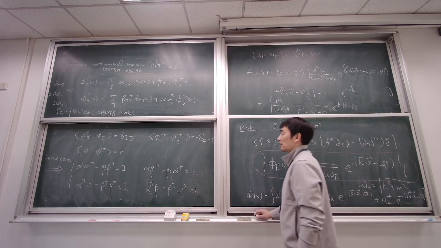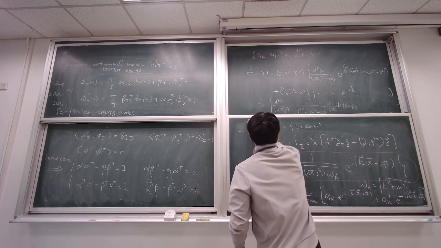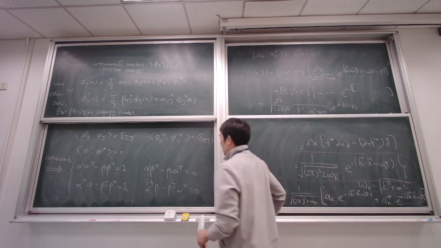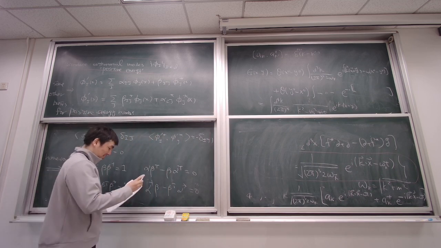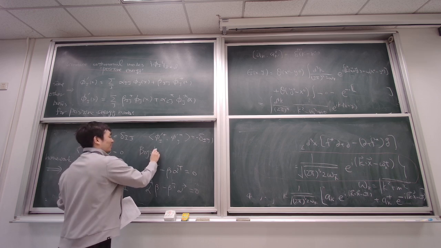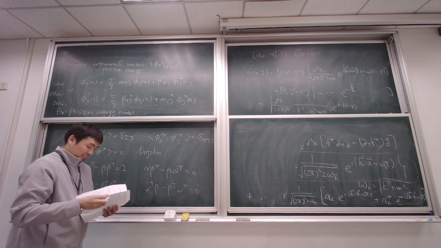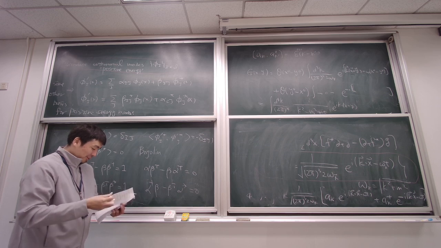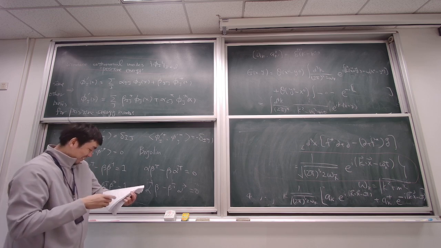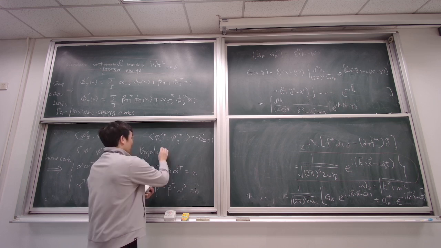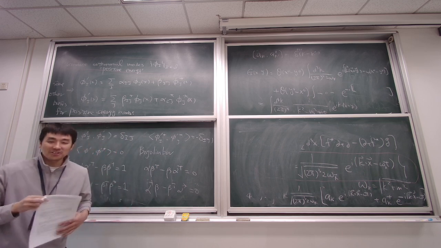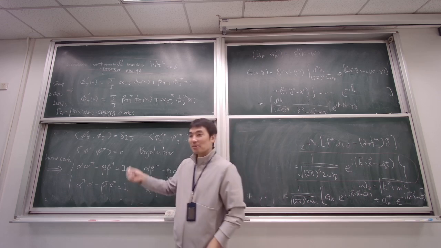So this alpha and beta are called Bogoliubov coefficients. By the way, which country is Bogoliubov from? Russia. Yeah, Soviet Union. To be honest, I don't know which country it is currently. His surname is like a Russian. But anyway, let's not talk about this. Please search in Wikipedia.